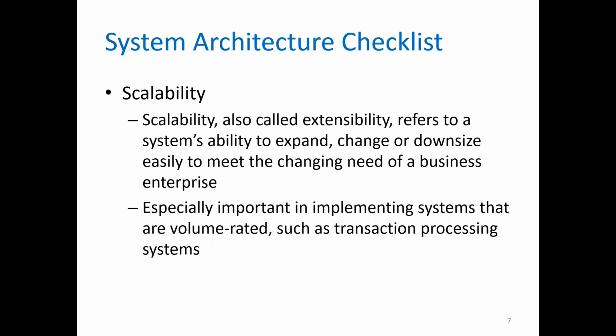Still continuing on the system architecture checklist, scalability. Scalability, also called extensibility, refers to a system's ability to expand, change, or downsize easily to meet the changing needs of a business enterprise. It is especially important in implementing systems that are volume rated, such as transaction processing systems.